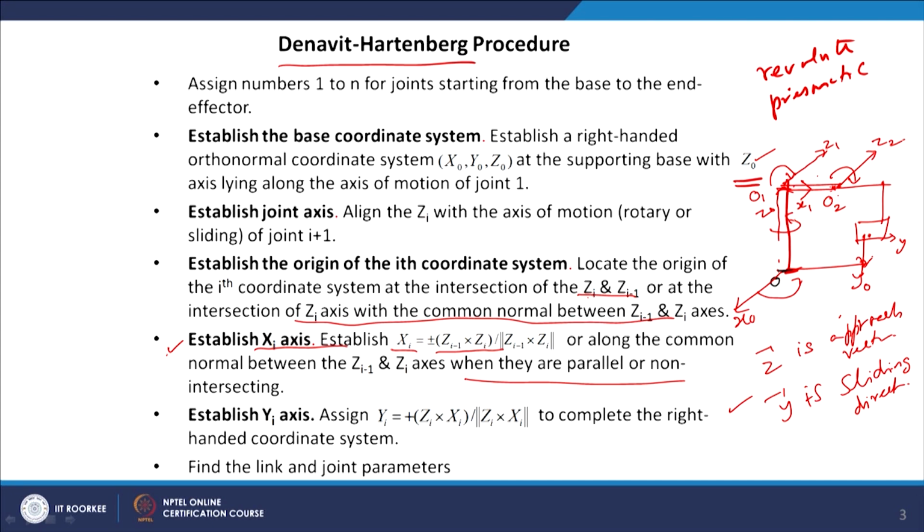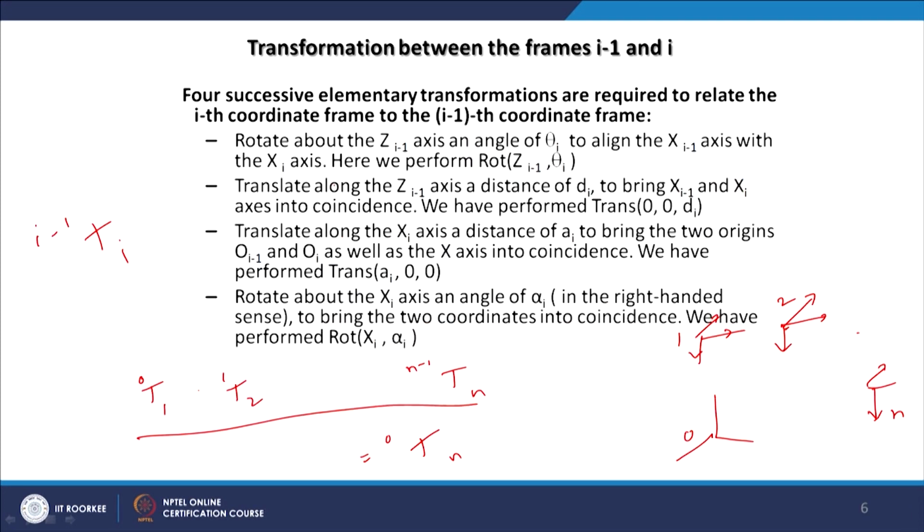So we perform the rotation about the z i minus 1 axis by an angle theta i, and the x0 axis will become parallel to the x1 axis.